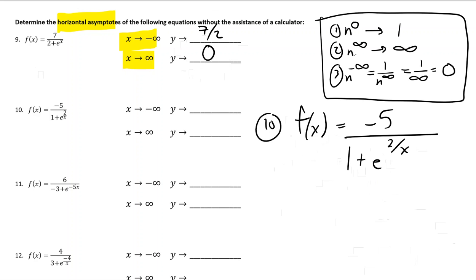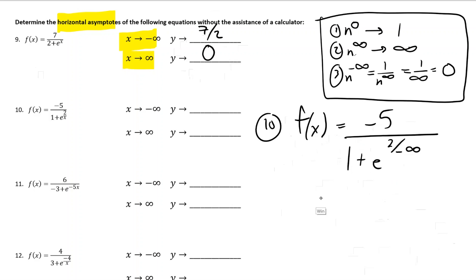The far left of the graph is when x would be approaching negative infinity. So substitute that in there. And then you have to figure out what's going on in this big mess.